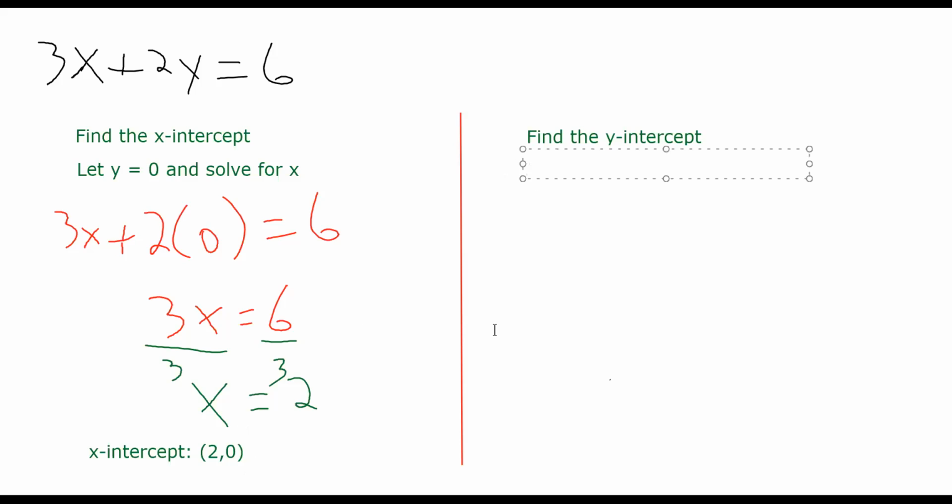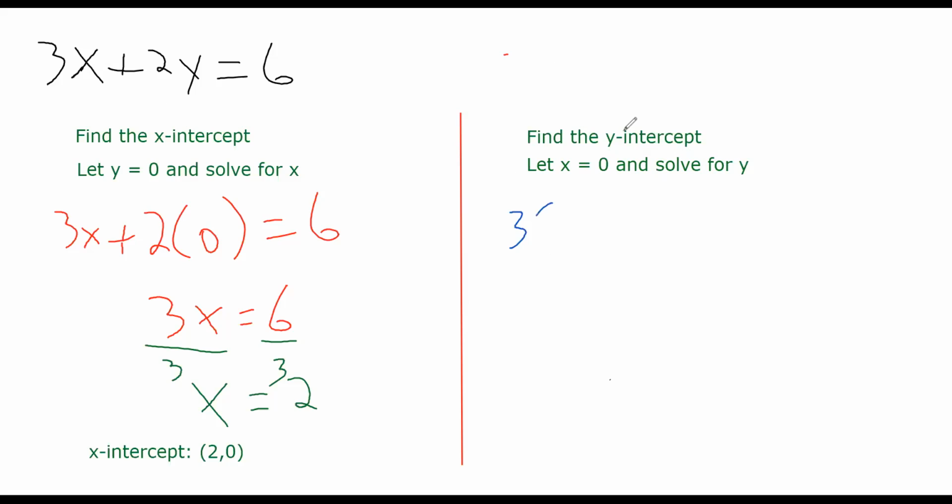To find the y-intercept, what are we going to do here? Exactly. In other words, we're going to plug 0 in for x now. Now we're going to do the opposite. We're going to let x be equal to 0 and solve for y now. So, plugging it in, we'll use blue.